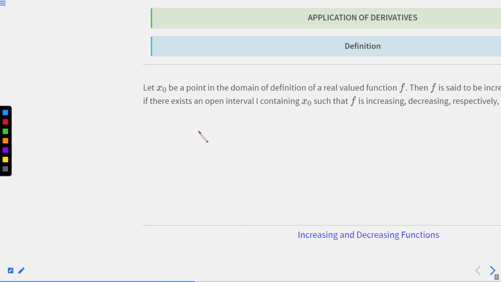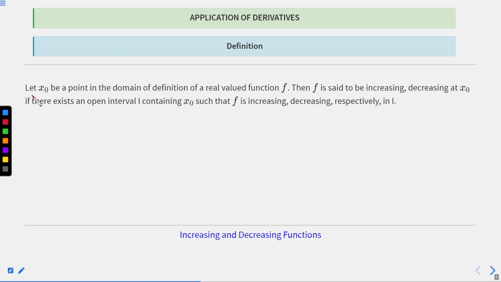Now the definition. Let x naught be a point in the domain of definition of a real valued function f.